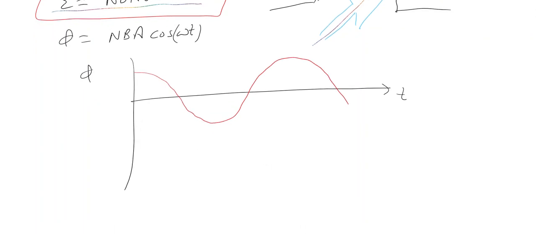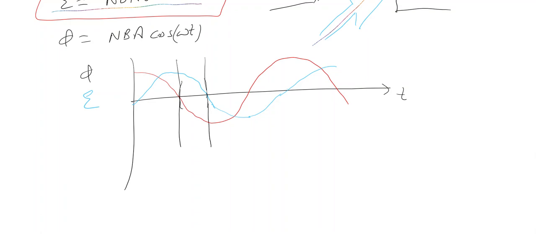If I plot the graph of epsilon, that graph will be like this. Look at the lines: the blue line indicates EMF, red is flux.